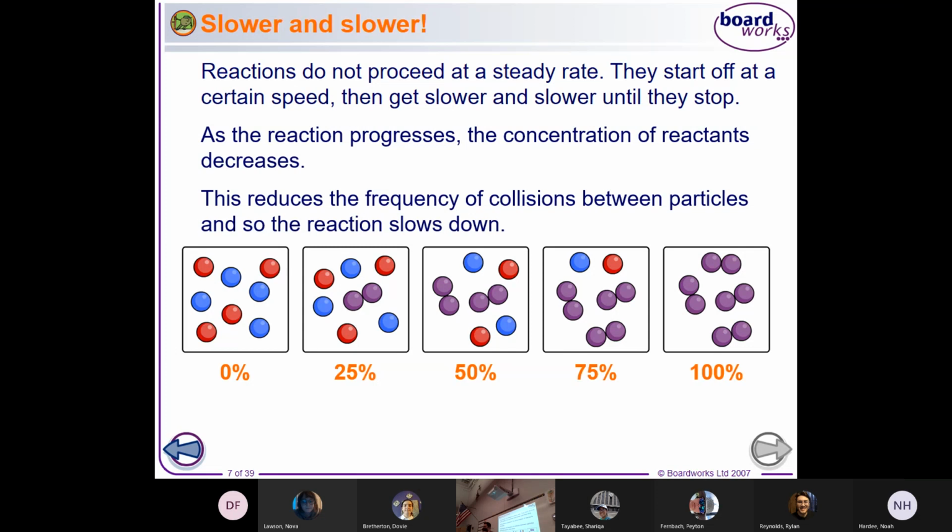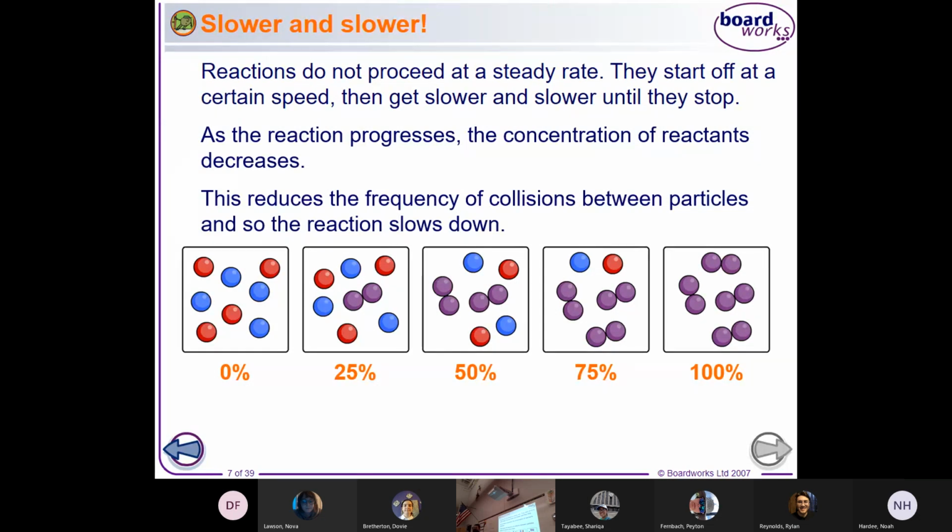And this picture should make sense to you. At the beginning of the reaction, we're going to have our reactant 100%. As they start to react, they're going to lose the reactant, and eventually become all product, the new substance that we have.